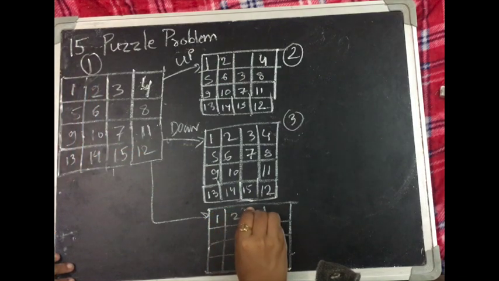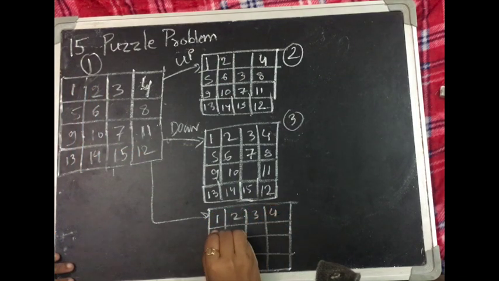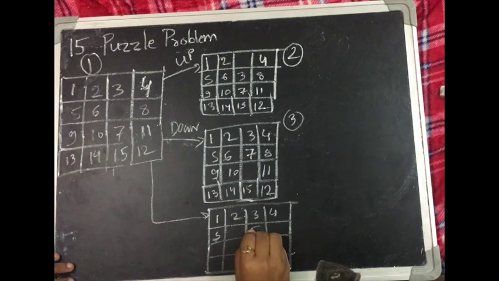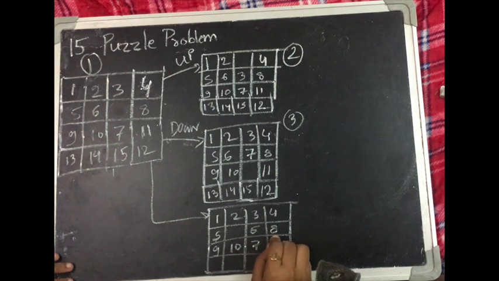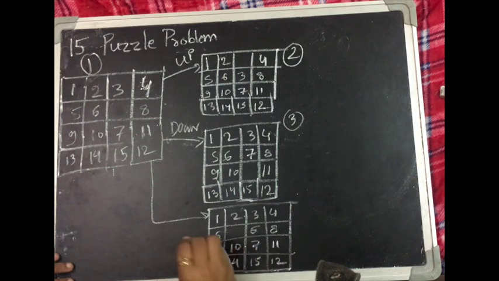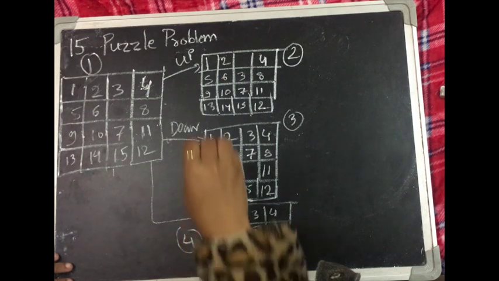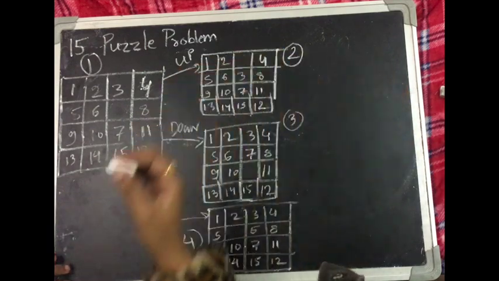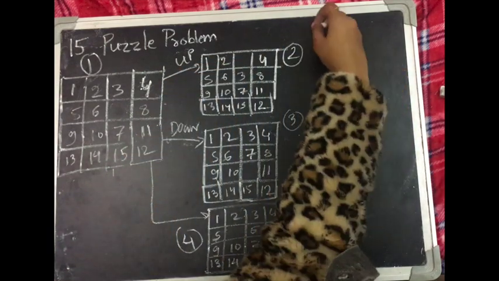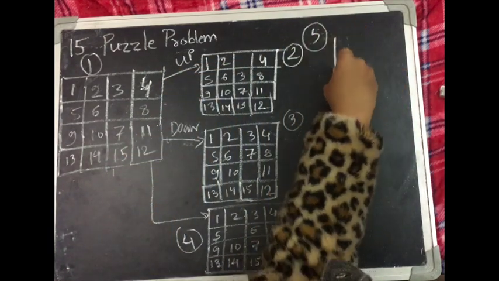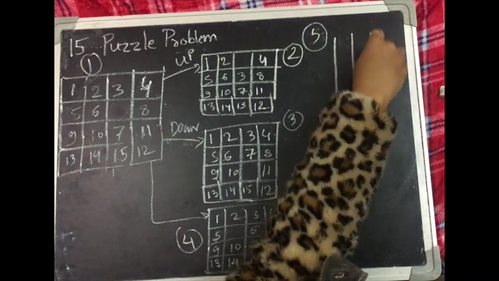So 1 2 3 4 5 blank, 6 8, then 9 10 7 11 13 14 15 and 12. This is node number 4. Now the last one is node number 5. That is, I will calculate for the right move.